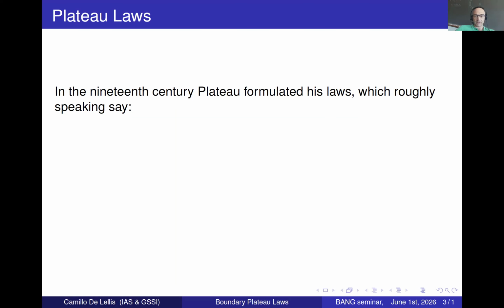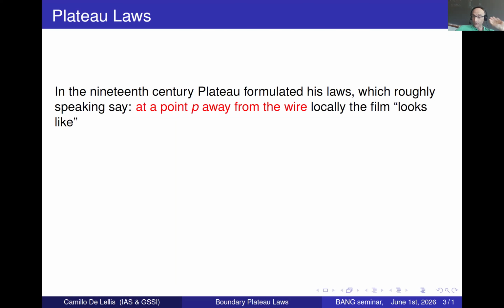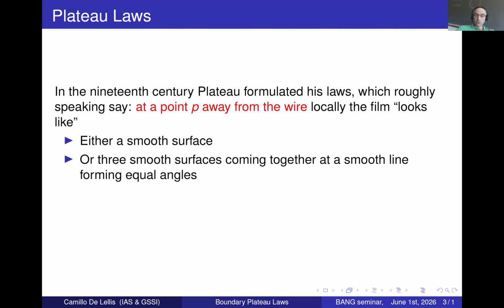The Plateau laws say that if you're at a point P away from the wire, then locally your film looks like one of three possible shapes. It could be locally a smooth surface. It could be three smooth surfaces coming together at a smooth line, forming equal angles of 120 degrees at the points of this line.